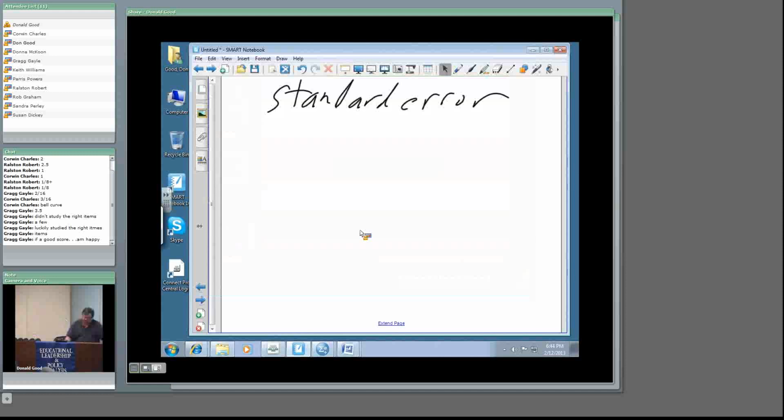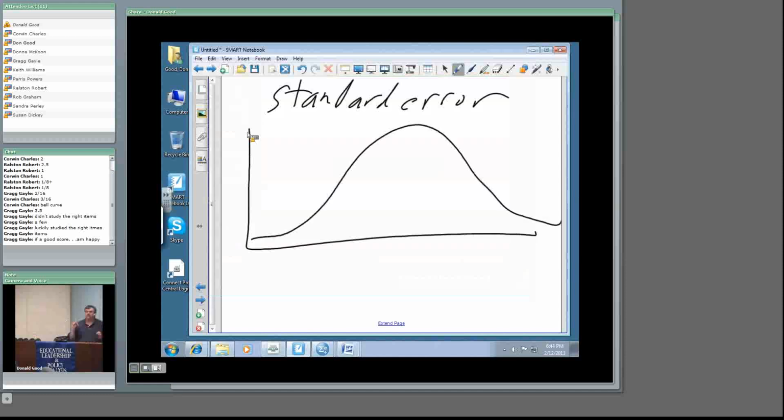Now here's something else we know about error. Sometimes you err on the high side, sometimes you err on the low side. Overall, if we're measuring error, it looks like this. Error tends to be normally distributed.